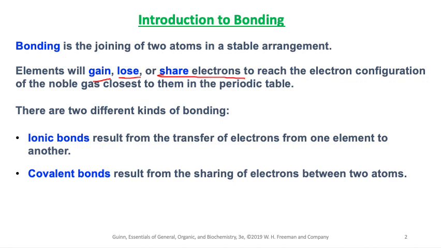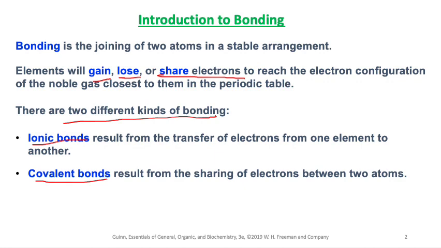So there are two different kinds of bonding that we need to learn. One of them is ionic bond and the second one is covalent bond. The name is already telling you that an ionic chemical bond, or ionic bond, is present in ionic compounds, and covalent bonds are normally present in covalent compounds. So let's see how they are different.